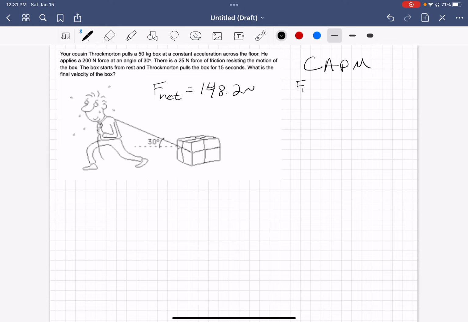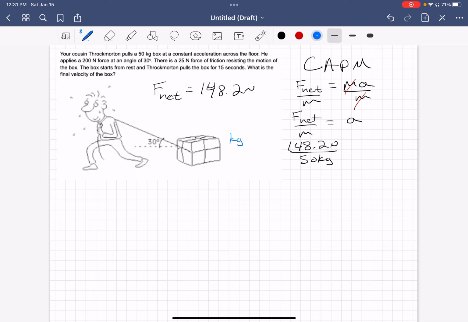So the first thing I'm going to use is that net force equals mass times acceleration. I'm going to get the acceleration by itself. So I can take F net divided by the mass of the box is going to equal the acceleration of the box. So I have 148.2 newtons over 50 kilograms.